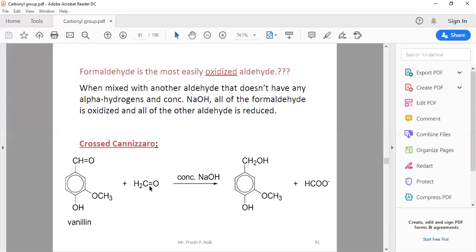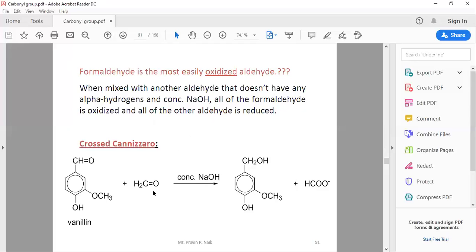When we use a mixture of aldehydes and react it with sodium hydroxide, the strong nucleophile, the mechanism changes. In the mechanism, we can see that formaldehyde first gets converted to formic acid, and the vanillin is getting reduced to alcohol.